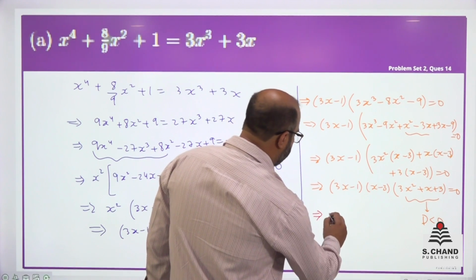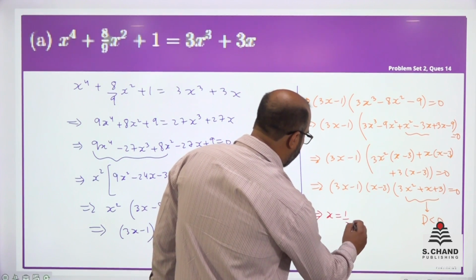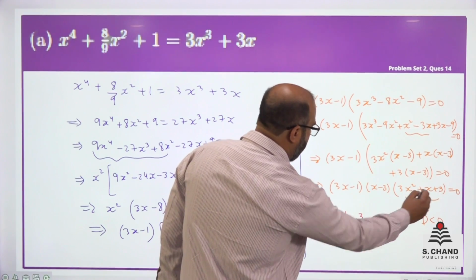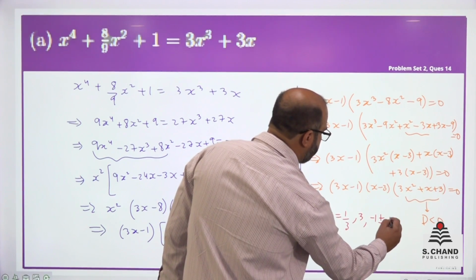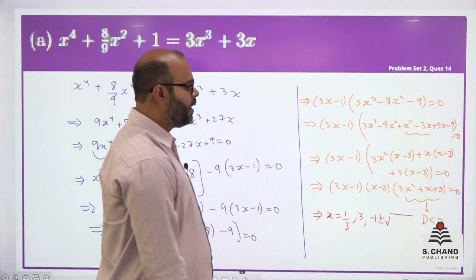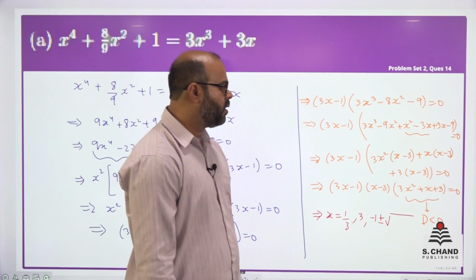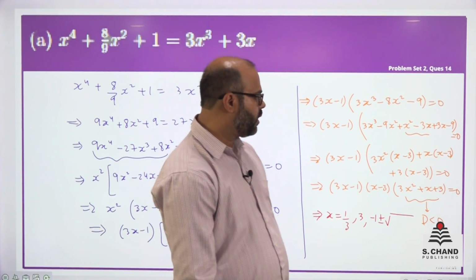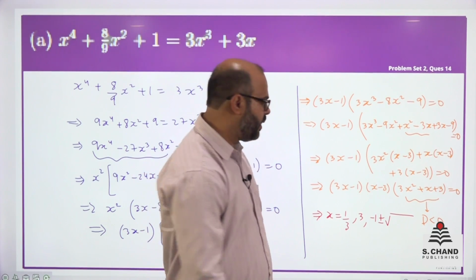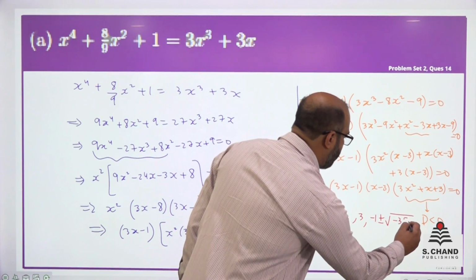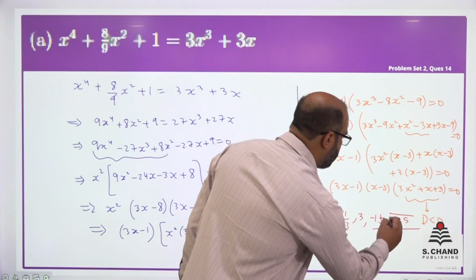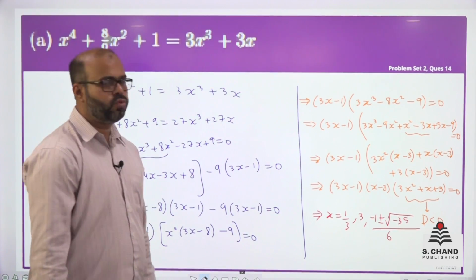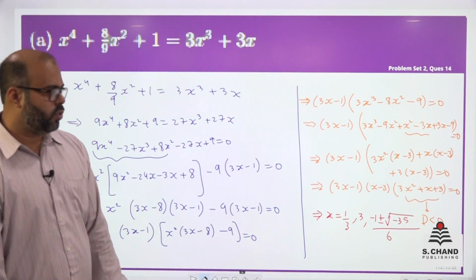So from here x is equal to 1 by 3, and from here minus 1 plus minus root over b square, that is 1, minus 4ac, that is 4 into 3 is 12, into 3 is 36. So 1 minus 36 is minus 35, upon 2a, that is 6. So these are the 4 solutions, 2 real solutions and 2 imaginary solutions.